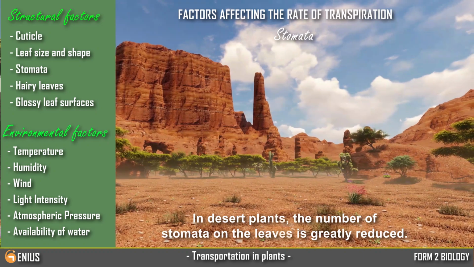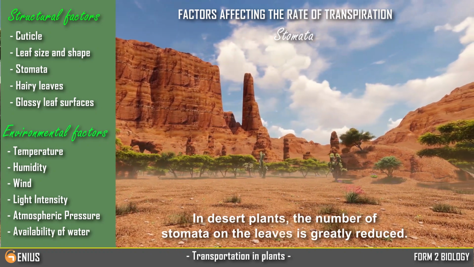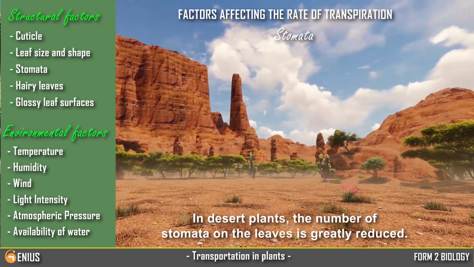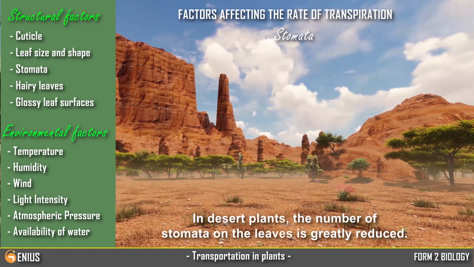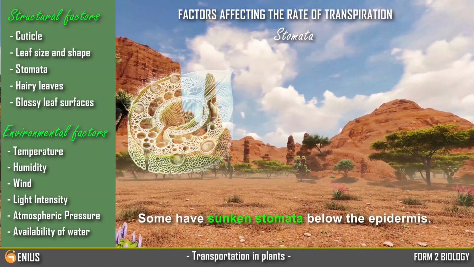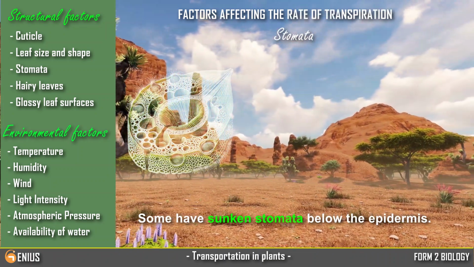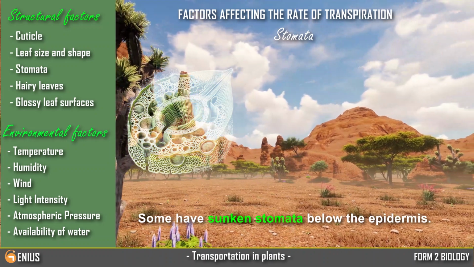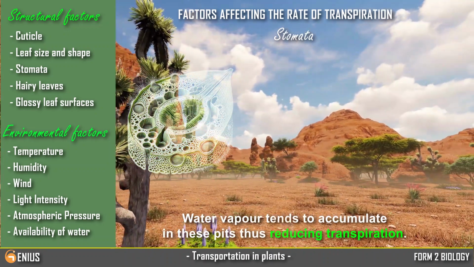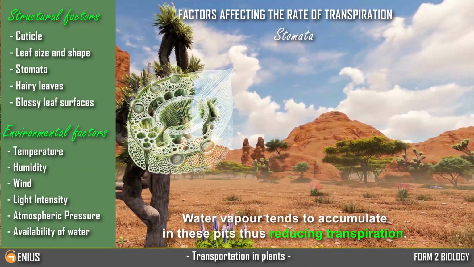In desert plants, the number of stomata on the leaves is greatly reduced. Some have sunken stomata below the epidermis. Water vapor tends to accumulate in these pits, thus reducing transpiration.